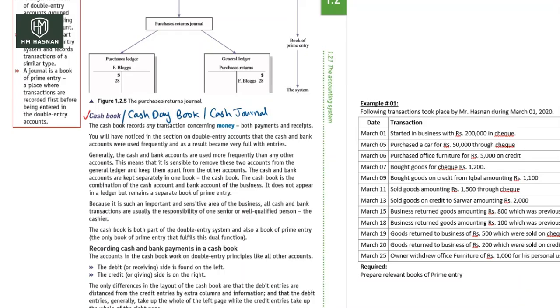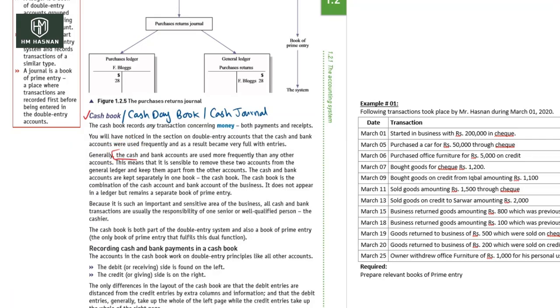In cash day book, cash book or cash journal, we will record two types of account. Every transaction related to cash and bank will be recorded in cash day book.